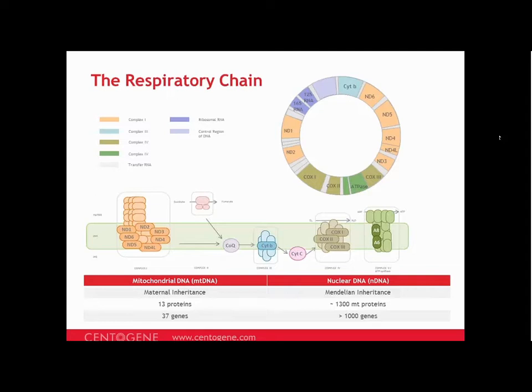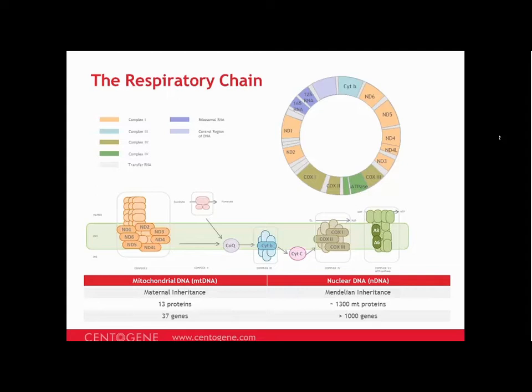As you see about the numbers, it's interesting that 37 genes contribute to the encoding of several proteins. For complex 1, 7 proteins. For complex 3, 1 protein, cytochrome B. For complex 4, 3 proteins. And for complex 5, mainly ATPases, 2 proteins.